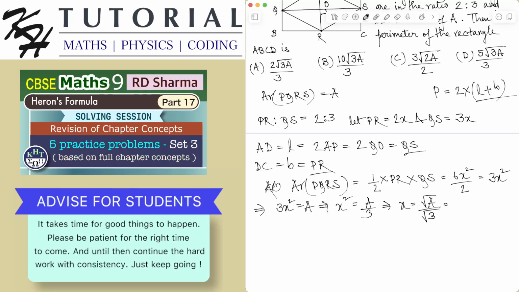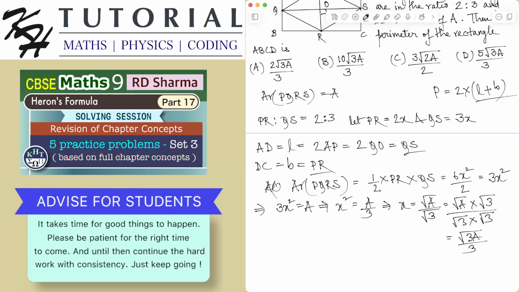It is always recommended that you do not keep irrational numbers in the denominator; always rationalize any irrational number in the denominator by multiplying with that same irrational number. So this is equal to square root of A multiplied by square root of 3 divided by square root of 3 multiplied by square root of 3. This becomes square root of 3A by 3.